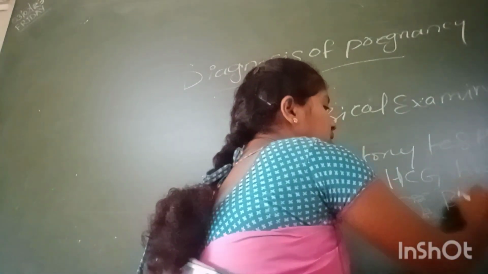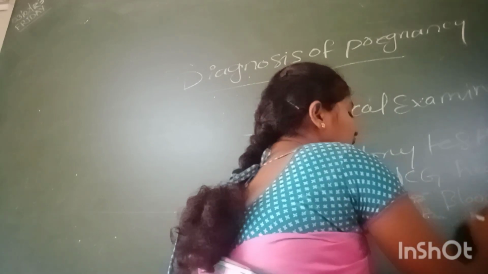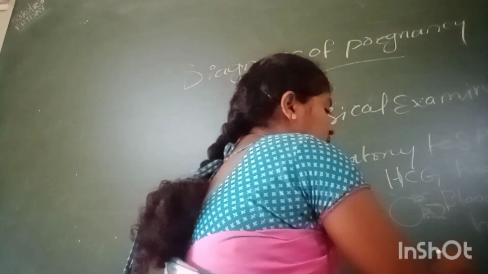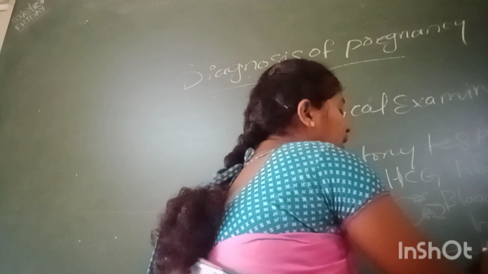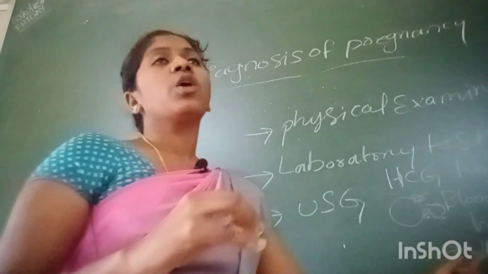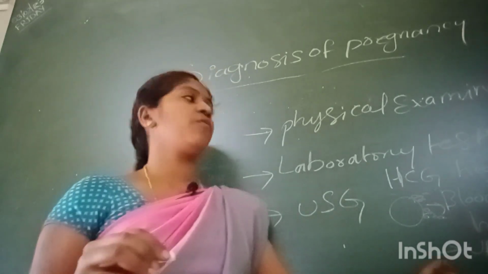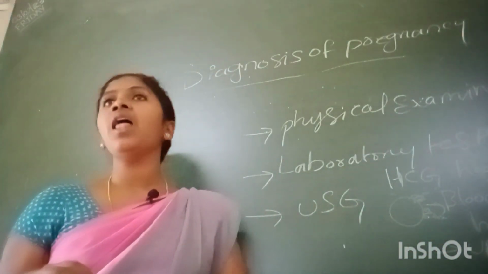So we can do the blood test for HCG to confirm the pregnancy, and also UPT, urine pregnancy test. The urine pregnancy test we can do at home itself, whereas for the blood test we have to go to the laboratory.